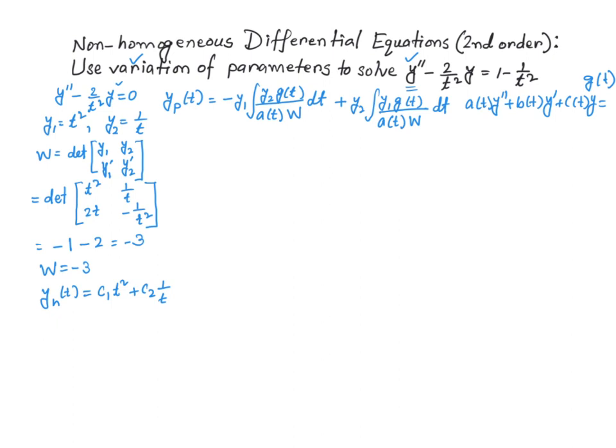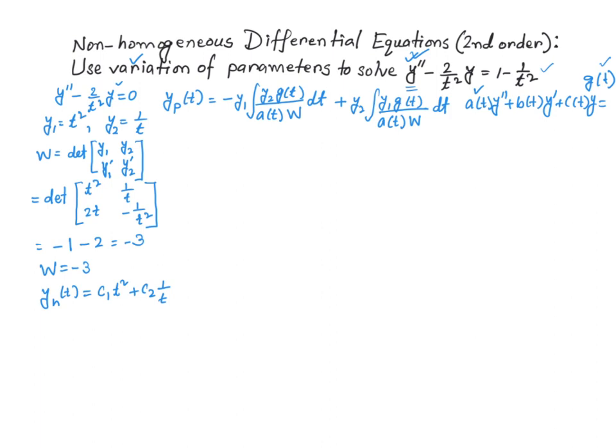Now, g of t is the non-homogeneous part. That means if g of t is 0, you have a homogeneous differential equation. If g of t is non-zero, you have a non-homogeneous equation. In our case, it's 1 minus 1 over t squared. And a of t is the coefficient of the y double prime, which in our case is just 1.